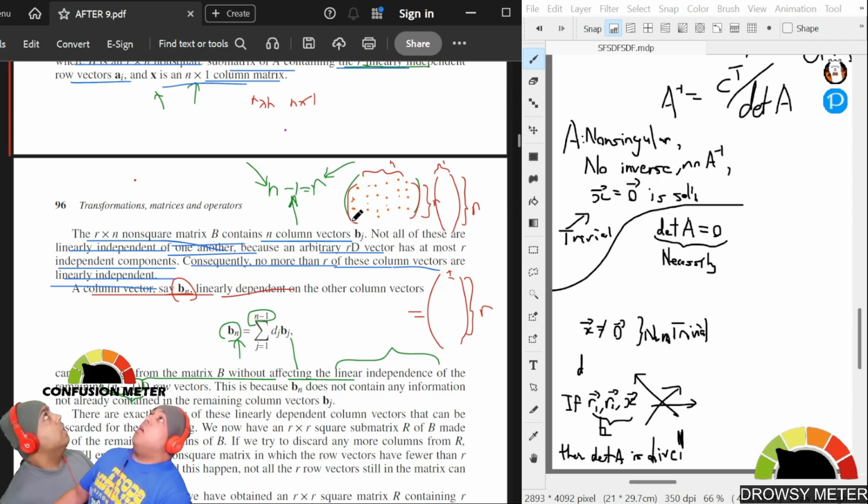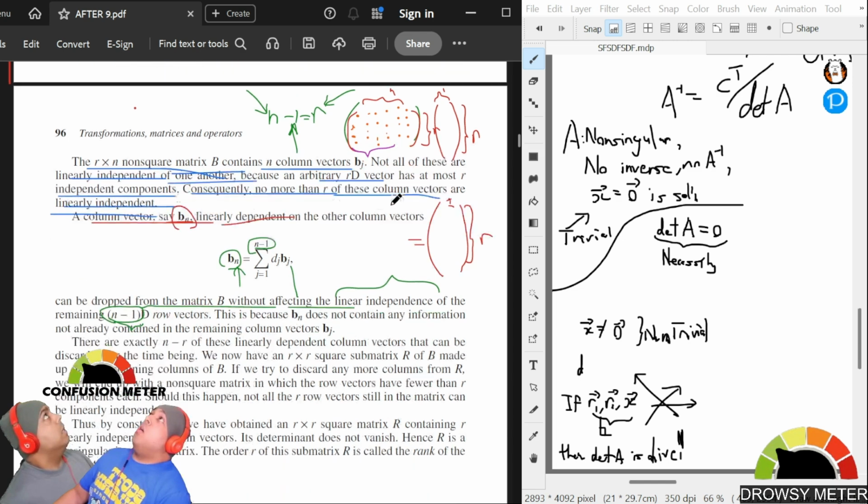If r is 4, then only the first 4 column vectors are truly independent.